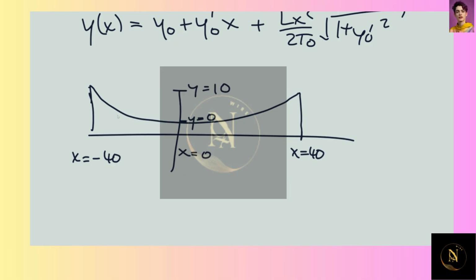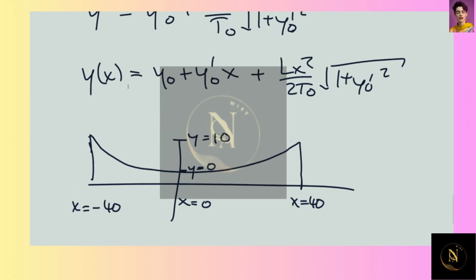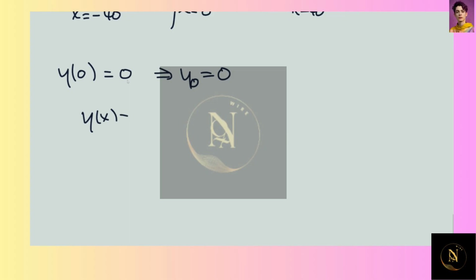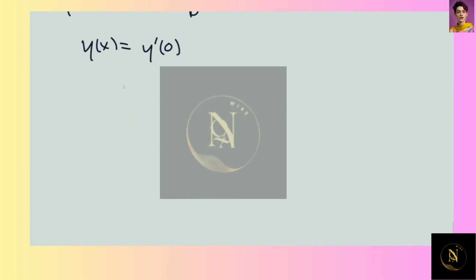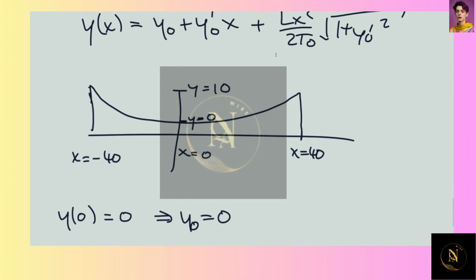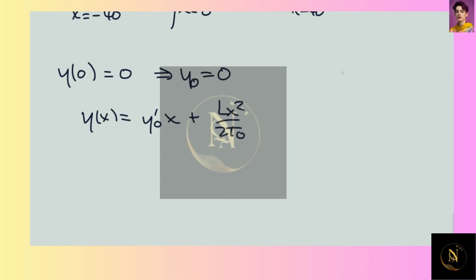So what we have now is y of 0 equals 0. So that tells us that y naught equals 0. So that tells us that y of x is y dash of 0 times x plus Lx squared over 2t naught root 1 plus y naught squared.